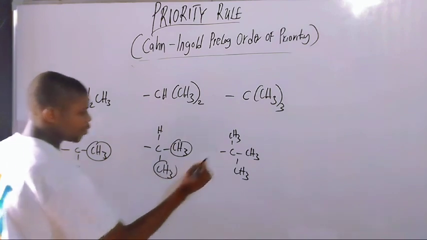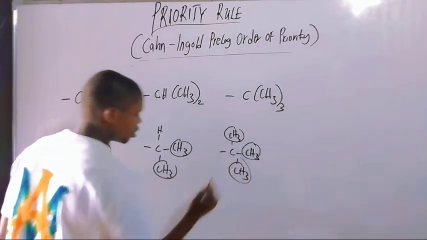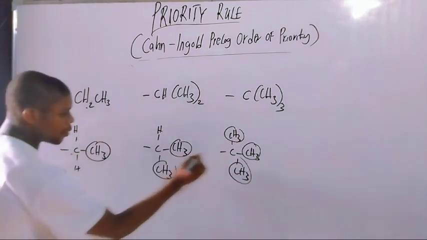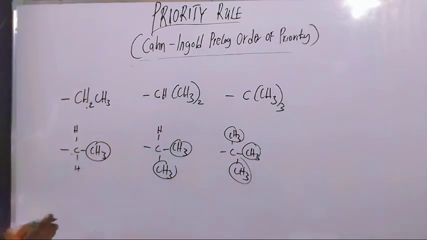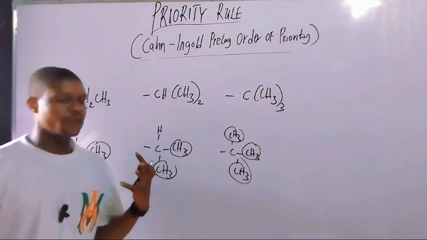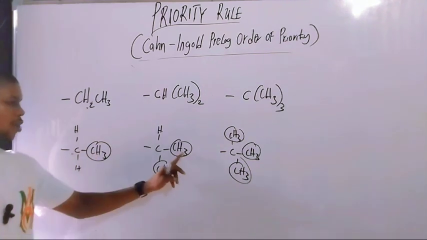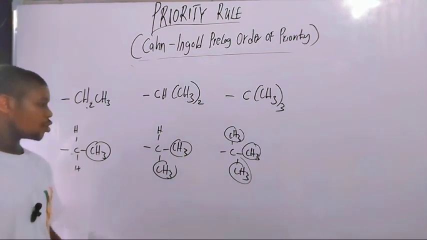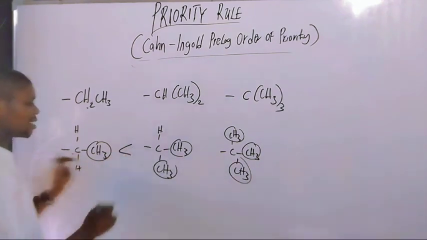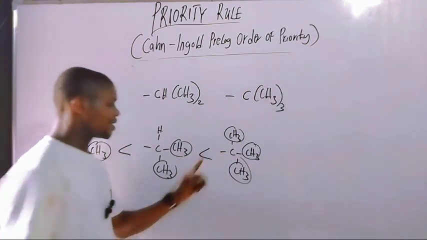The difference here is the methyl group. Because the carbons are all 6, you are not going to check them based on what is directly attached to them. This one has only 1 carbon, this has 2 carbon, and this has 3 carbon. So this one is less than this, and this one is less than this, and this one is greater than this.